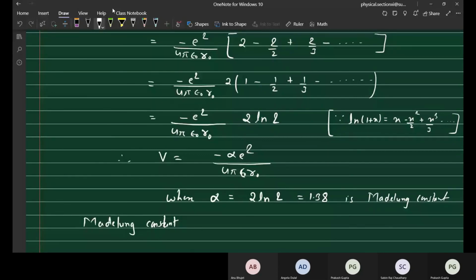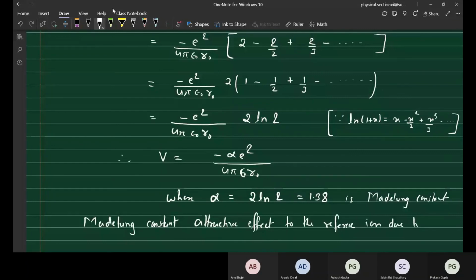So it gives attractive effect to the reference ion due to all neighboring ions.